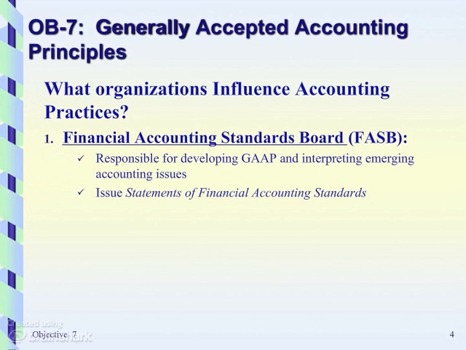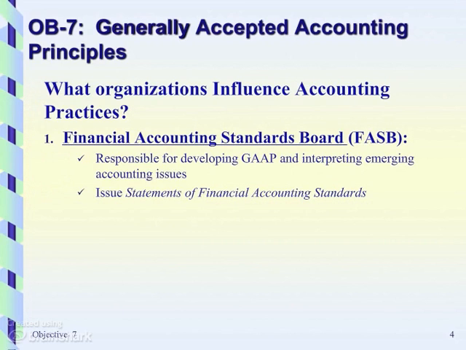They are essentially responsible for developing GAAP and interpreting emerging accounting issues. They issue what are called Statements of Financial Accounting Standards, known as FASB statements. These statements help to provide guides to businesses to make sure that they can follow GAAP.